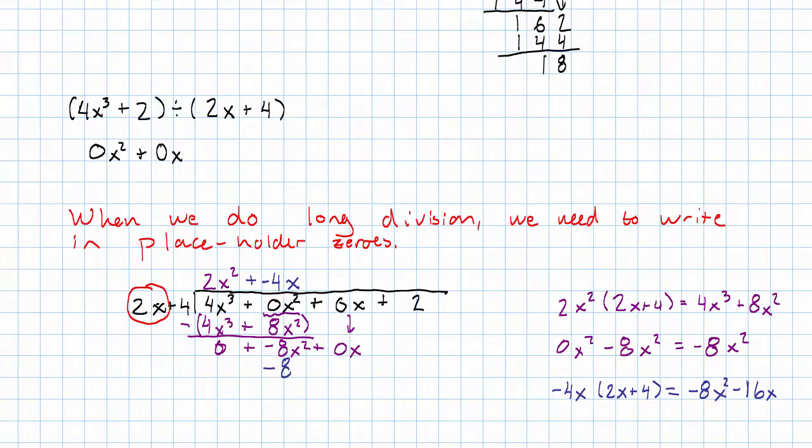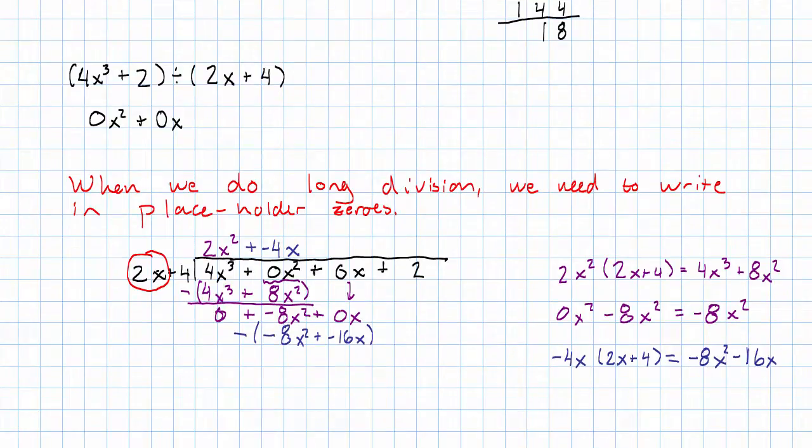Negative 8x squared minus 16x. Okay, subtract again. 0x minus negative 16x. That's the same as plus positive, so that's positive 16x.